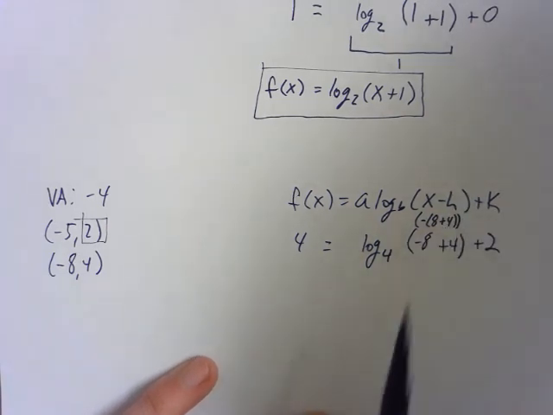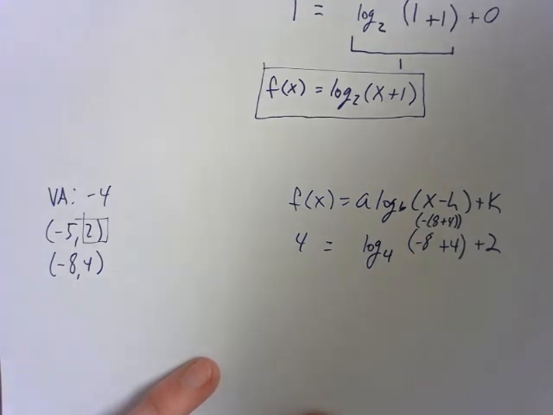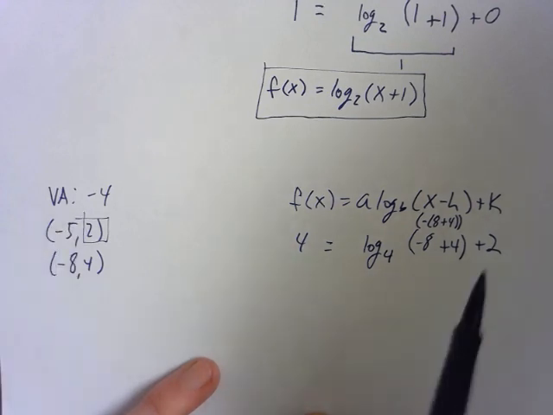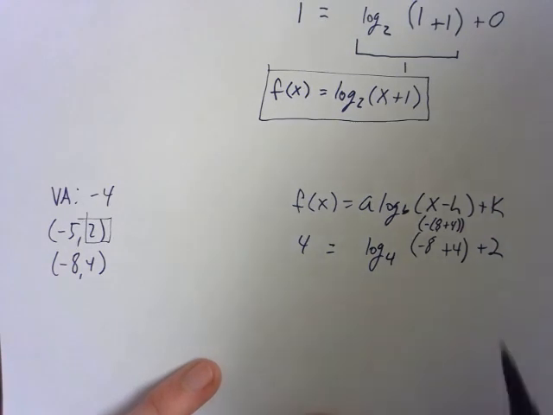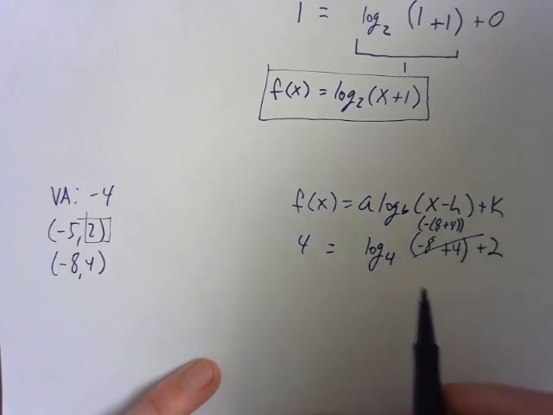I don't take a negative away from my h value, because my vertical asymptote is -4, so that still has to be plus 4. And just take the negative away from that 8. It's going to cross that out. It's going to end up looking like that in the final form. Okay, but I take the absolute value and make that a 4.